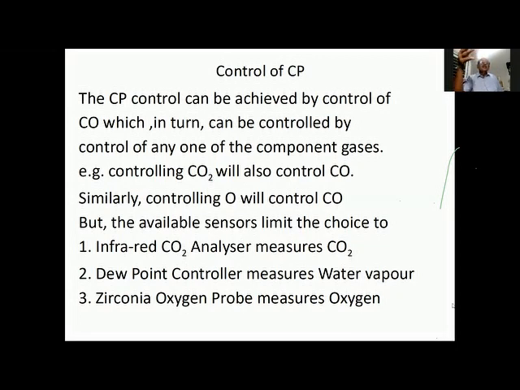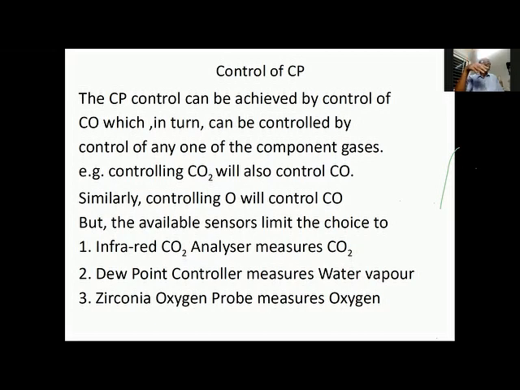CO2 reacts with the enriching gas, again gets converted to CO like that. So it's a dynamic equilibrium that is happening in the furnace gas. And that's why you control any one which is convenient for the instrumentation. So the CO2 analyzer measures CO2 and converts it into carbon potential.